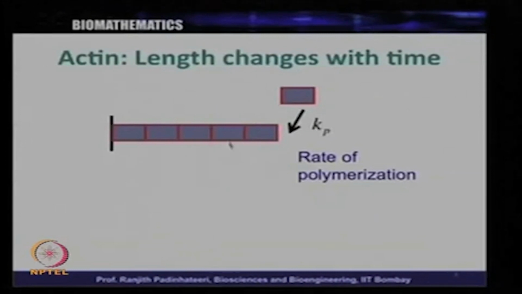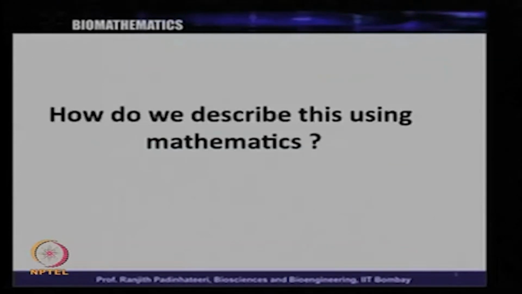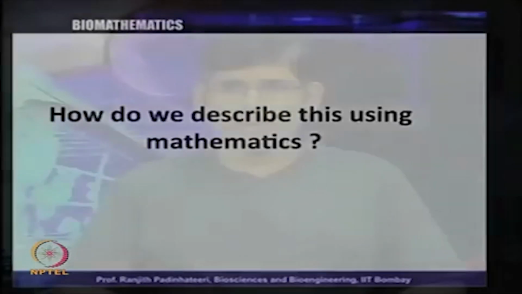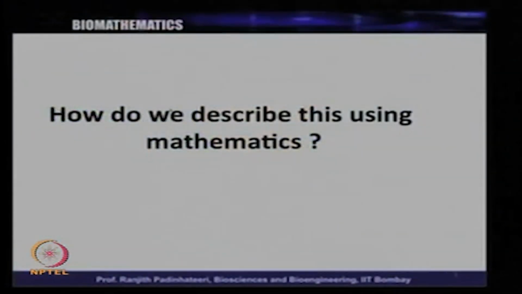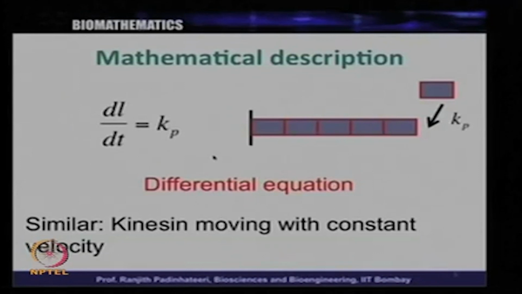The quantity that changes with time is the length. So, how do we describe this change in length mathematically? The answer is the following, so have a look at this slide.